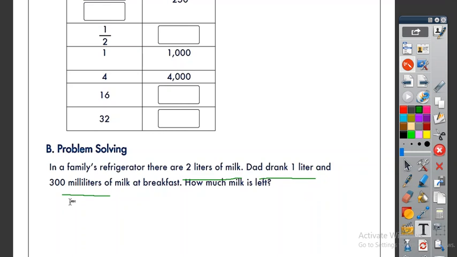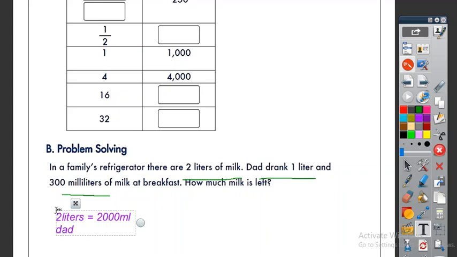Okay, you will say, at the beginning we had 2 liters, which equals 2000 milliliters. Okay, then Dad drank 1 liter and 300 milliliters. What is 1 liter and 300 milliliters?